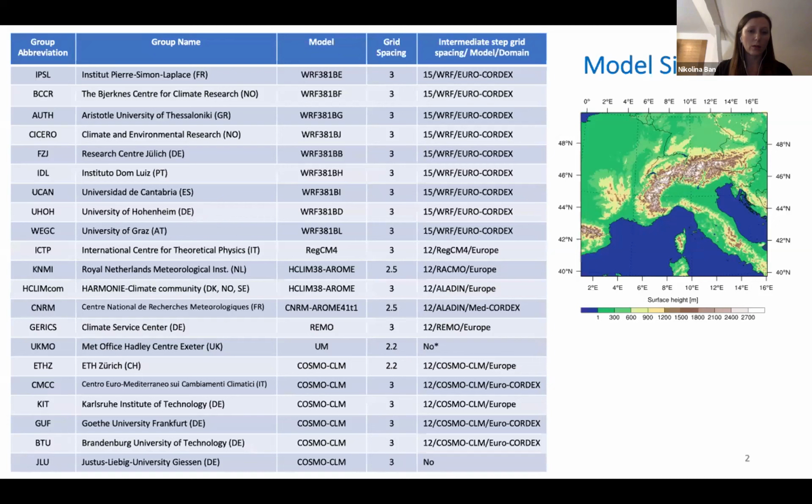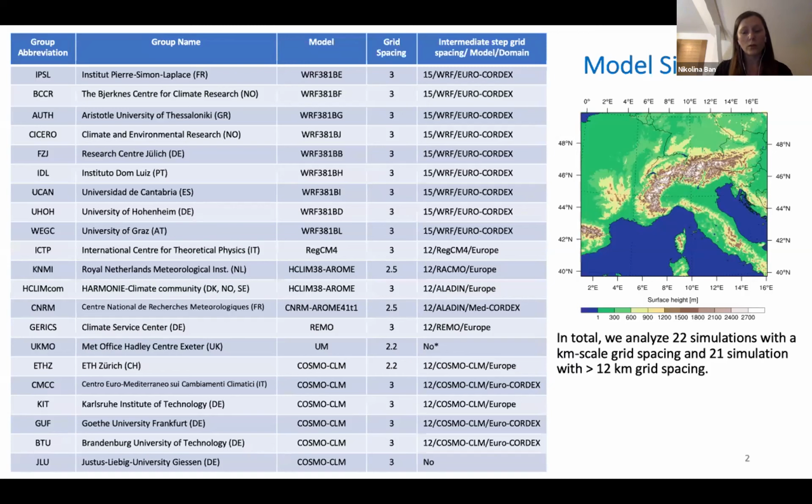The list is quite long, and we have managed to include all these simulations into the analysis. So there are 22 simulations performed by 21 groups. These simulations are conducted at a horizontal resolution of around 3 kilometers.